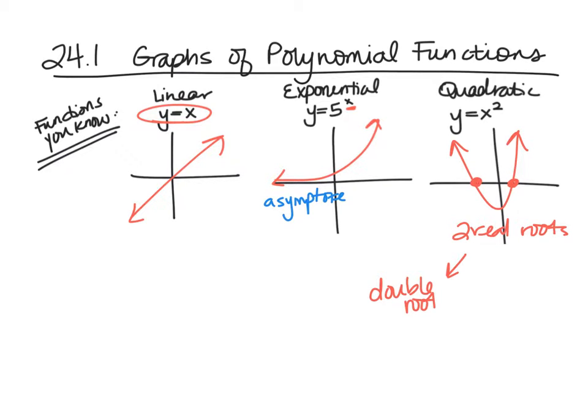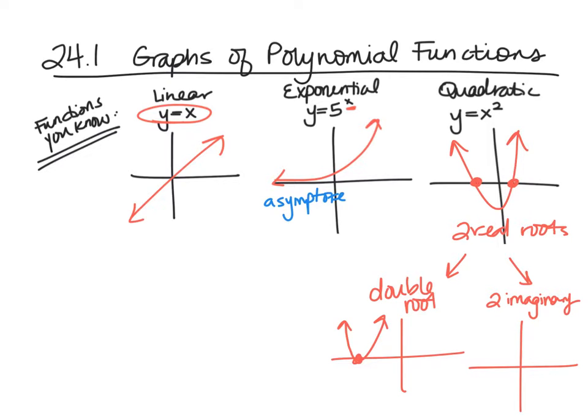So double roots, if you remember, that's when the parabola touches the x-axis but doesn't actually cross through it, and then bounces back the other direction. And the other option is to have two imaginary roots, which is when it's not crossing the x-axis at all. So keep those in mind.